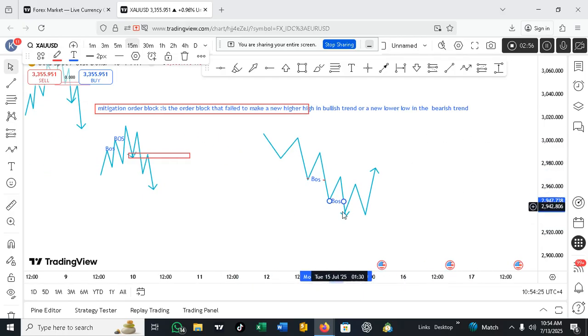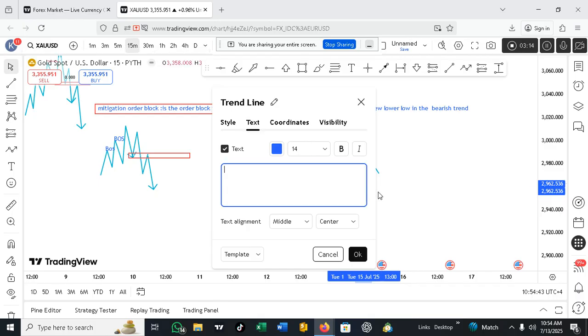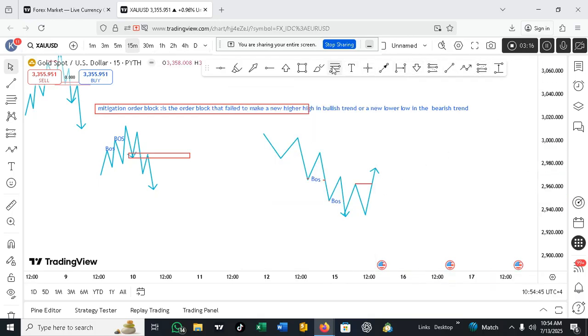Now here it changed the sentiment from bearish to bullish. Instead of making a new lower low, it made a new higher high. This one. It makes a new higher high.